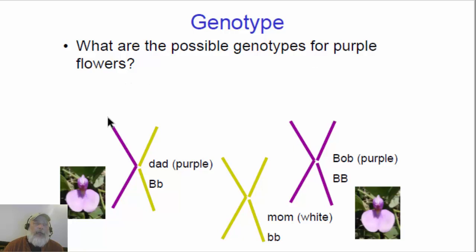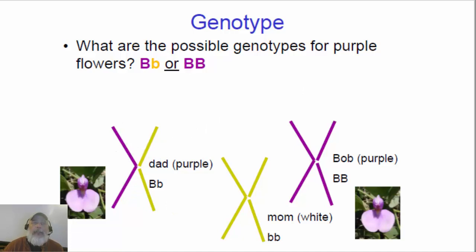Genotypes for purple flowers. Well, dad's purple, and Bob is purple. So there are actually two different possible genotypes: big B, little b, or big B, big B. Because if it's big B, it's of course going to be purple. So purple, purple is purple. And over here, purple and white, it's still going to be purple, because purple is the dominant gene and white is the recessive gene. So the white gene is going to get covered up.